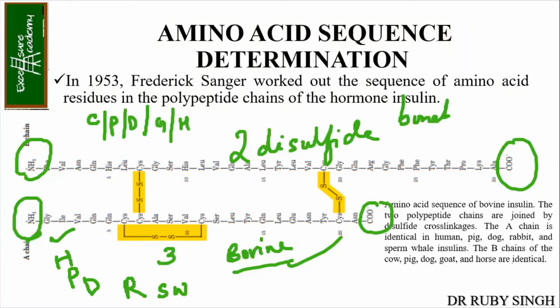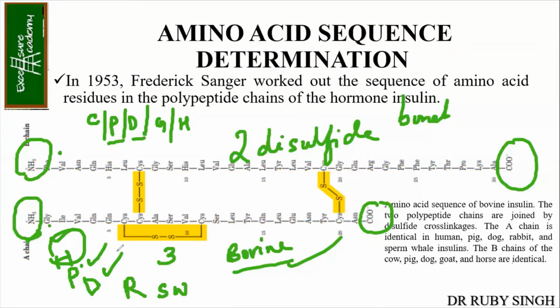From this we can understand that humans can take insulin from pig and dog, because the A and B chains are similar. Are you getting the point?